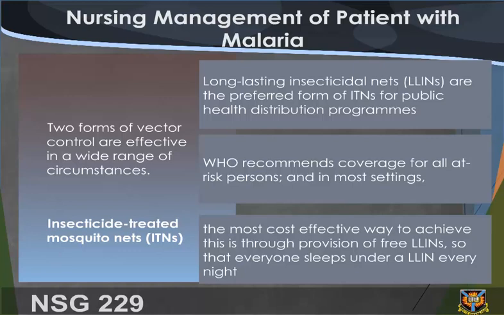WHO recommends coverage for all at-risk persons, and in most settings, the most cost-effective way to achieve this is through provision of free LLINs, so that everyone sleeps under a LLIN every night.